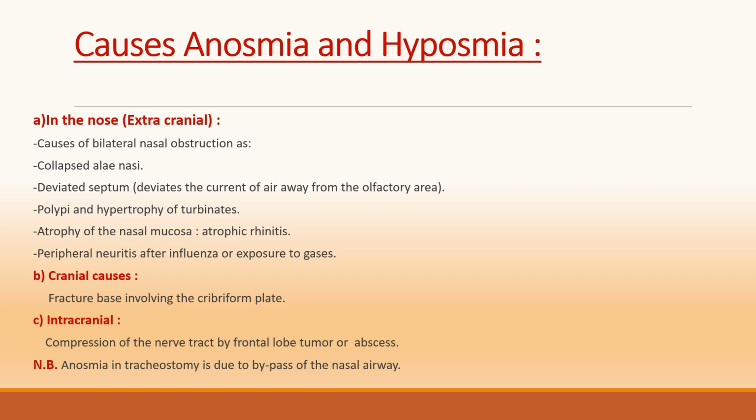Cranial causes, fractured base involving the cribriform plate, or intracranial, like compression of the nerve tract by frontal lobe tumor or abscess. And anosmia in tracheostomy is due to bypass of the nasal airway.